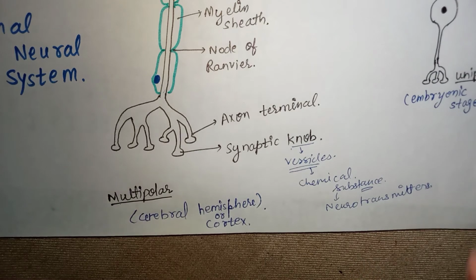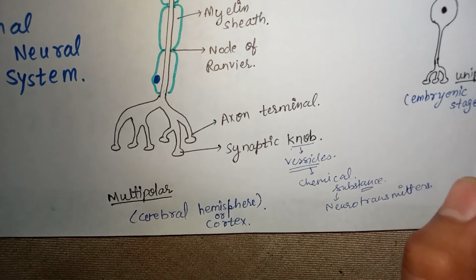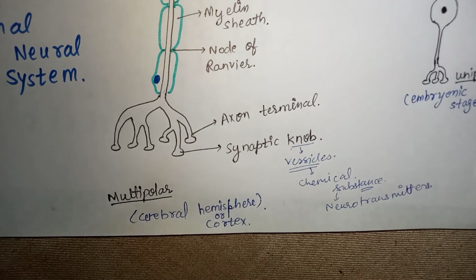So the transmission of impulses from one neuron to another neuron is through the synapse, and the neurotransmitters are released from one neuron ending and get attached to the receptors present on the postsynaptic membrane, or you can say muscle end plate, or you can say neuromuscular junction, where they act with the neurotransmitter receptors.